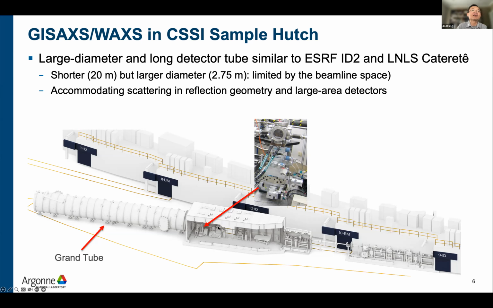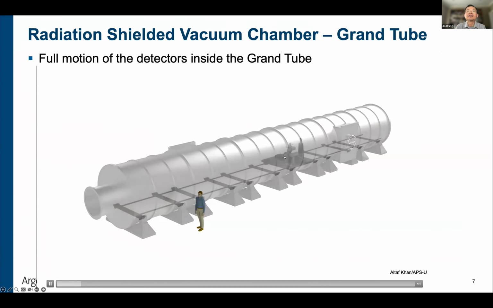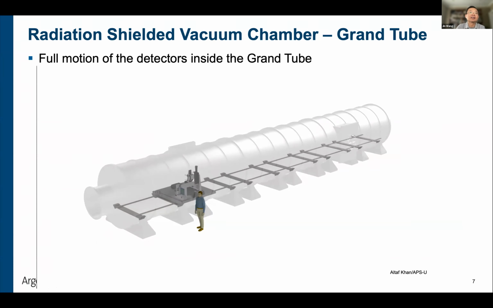Instead of having a very, very long hutch, we designed this with a very large vacuum tube where the detector is sitting, so that the detector can move downstream, upstream, inboard, outboard, and up and down, to collect the scattering from different areas of reciprocal space.